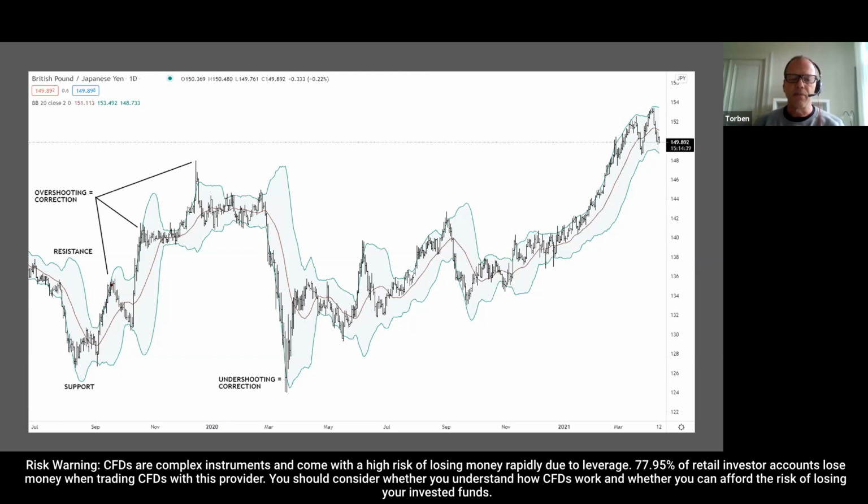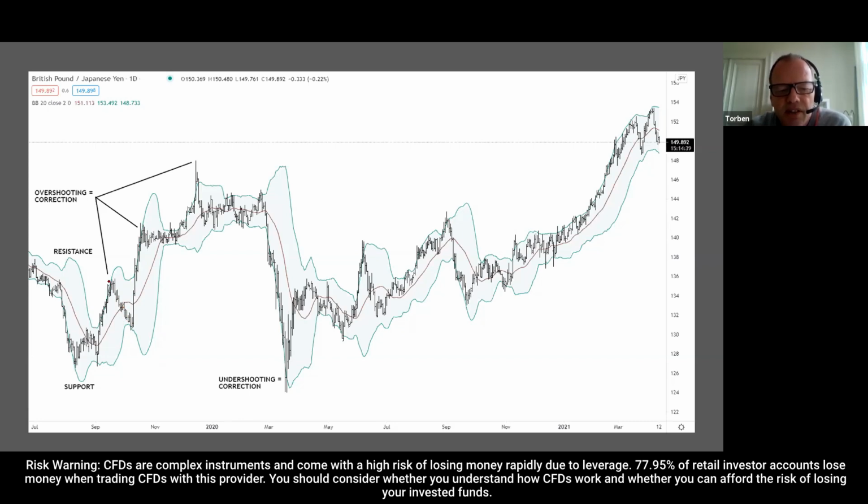It doesn't have to be, as it is here, a deep one, but it's a signal that you're now going to move closer to the middle band. And from there, you could move up again, or you could go all the way to the lower band, but most likely not break it this way and start a new downtrend.